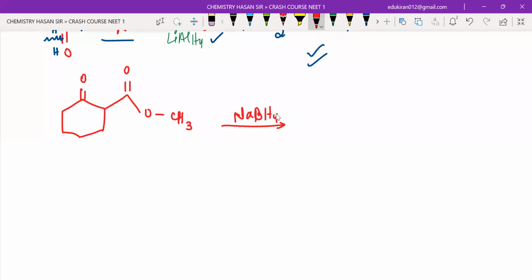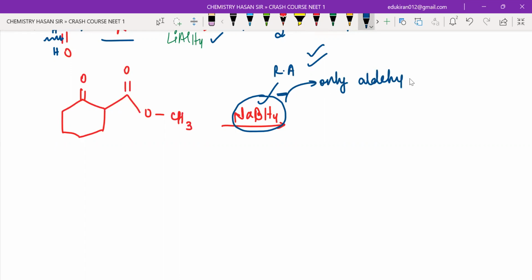Any answer? Can you say the reaction does not proceed? This reaction will proceed. This is your reducing agent, but this will reduce only aldehydes and ketones.